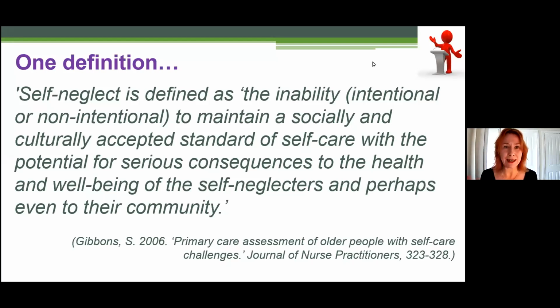We're going to do intentional and non-intentional in a moment, but we're going to start with some of the elements within this definition. So serious consequences is mentioned, and this helps us decide the appropriate level of response. Is it nobody's business? Is it the business of adult social care, the local authority, because the person has got care and support needs?